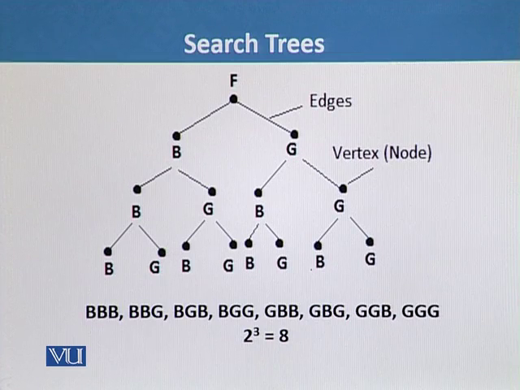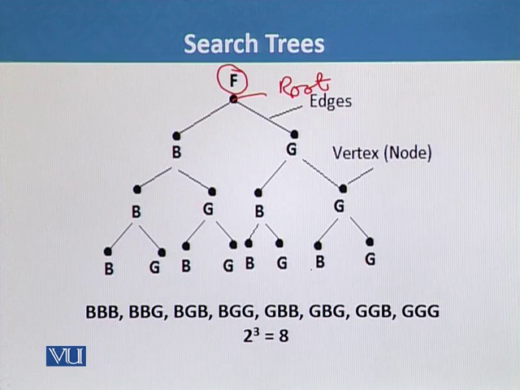Here is the root of the tree, and here it is a father, and from this father there are two possibilities: either a boy or a girl will be born. So we can say that this is a binary tree in which from each node there are only two possibilities, either B for boy or G for girl.